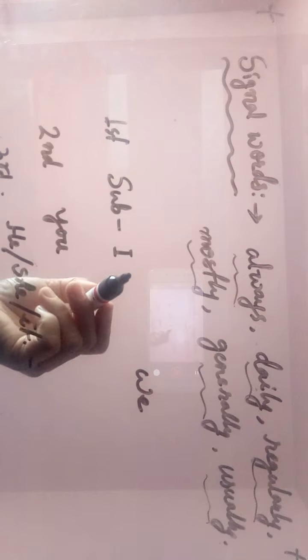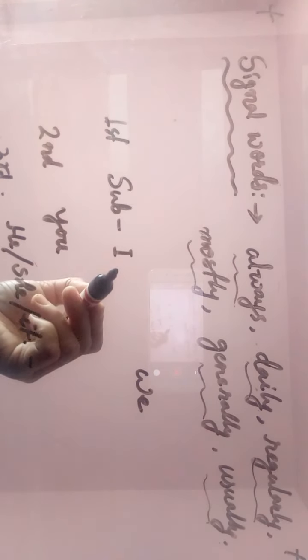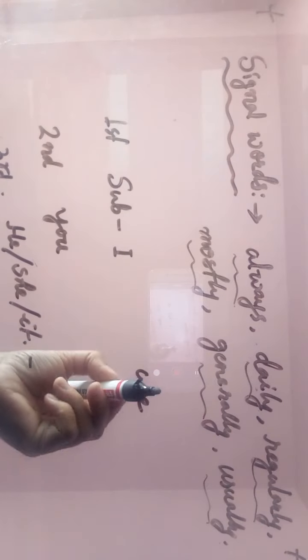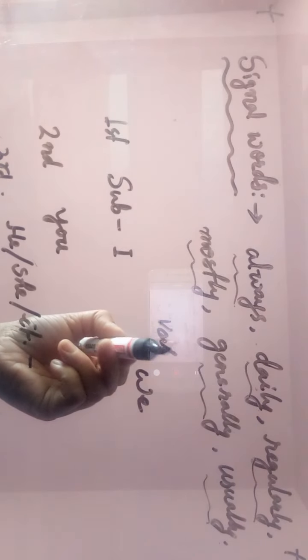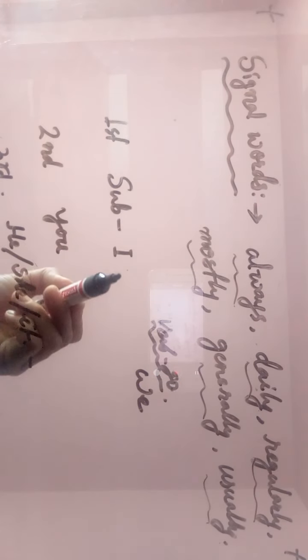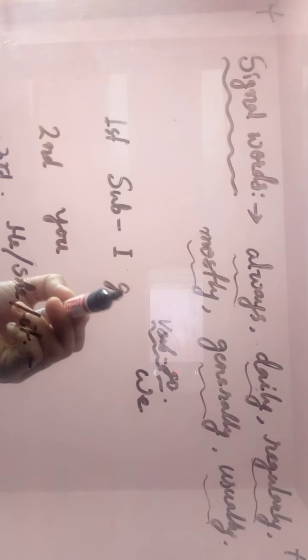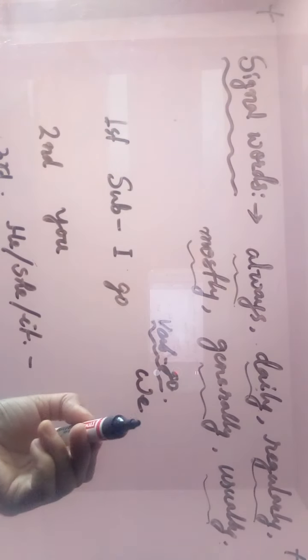Now, along with the first person subject, the verb will be used differently, and along with the second person, it will be used differently. That one we have to learn in that particular way. Suppose we take the verb go as an example. Subject first person singular number: I go.